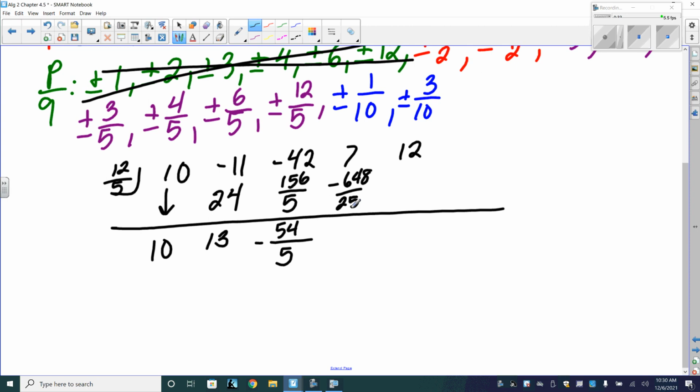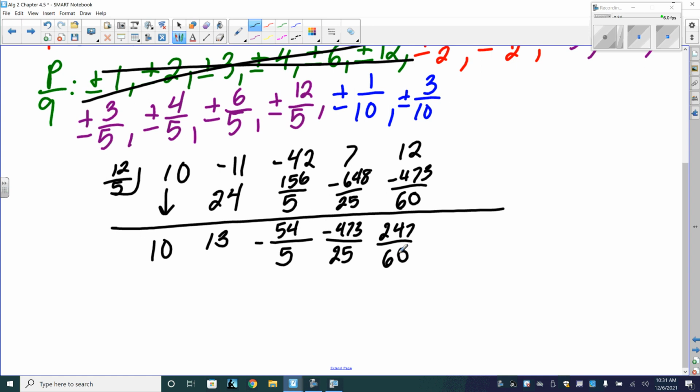Add 7 to it, negative 473 over 25 times 5/12. Negative 473 over 60 plus 12, 247 over 60, says 12/5 is not the solution.